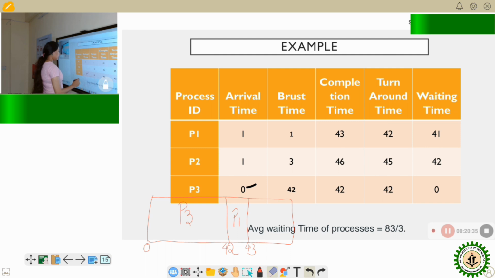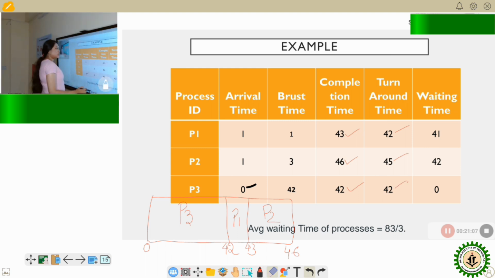Then P2 for just 3 units, that is 43 to 46. So the completion time for P1 is 43, P2 is 46, and for P3 it is 42. Then the turnaround time as per the formula we know is 42, 45 and 42.